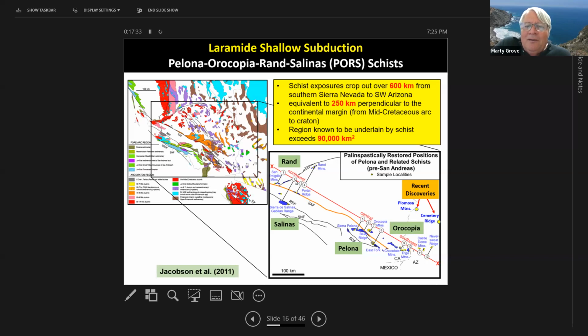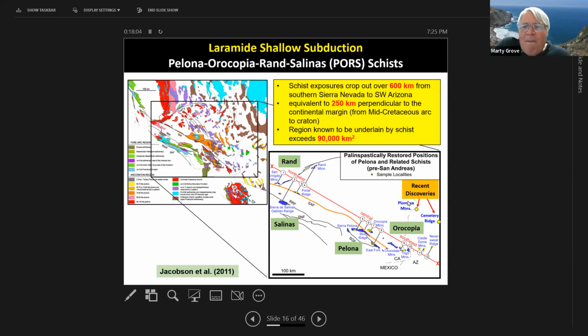When we look at this diagram, one thing to realize is that in the northwestern part that we're going to be primarily focused on in this talk, the schists are underplated, juxtaposed beneath mid-Cretaceous arc rocks. But when you get down into the southeastern area in southwest Arizona, the schist is basically juxtaposed immediately beneath the craton.